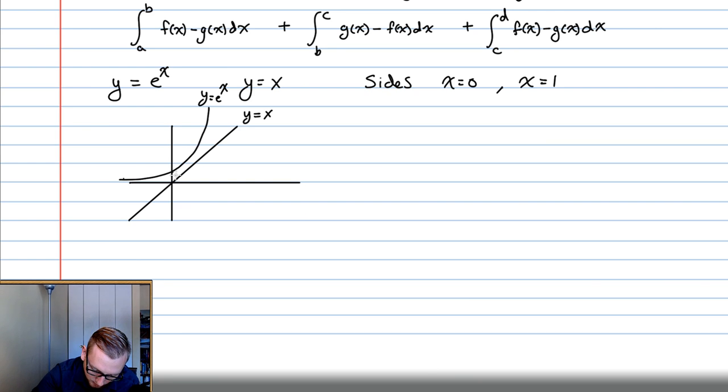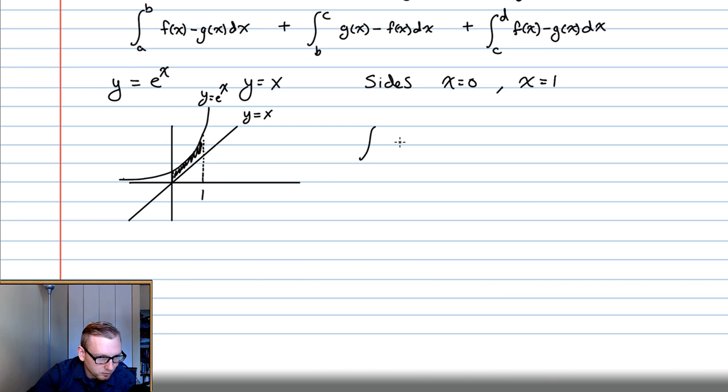Other bound, so this would be like a left bound, would be at x equals 0, which is right on the axis. And then x equals 1, we're going to say it's somewhere over here, just to make it a little bit more visual. So the region that we're going for is in here, which would be what?